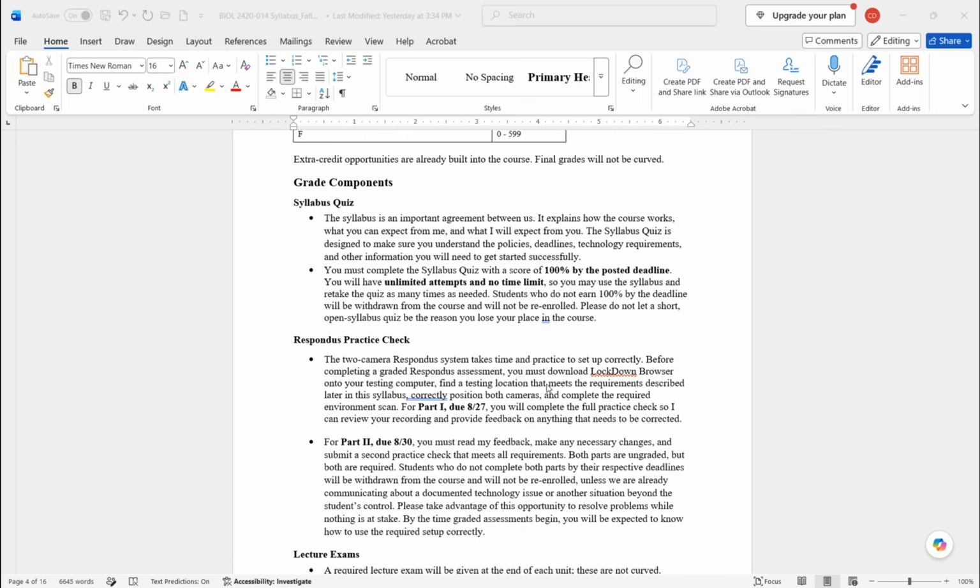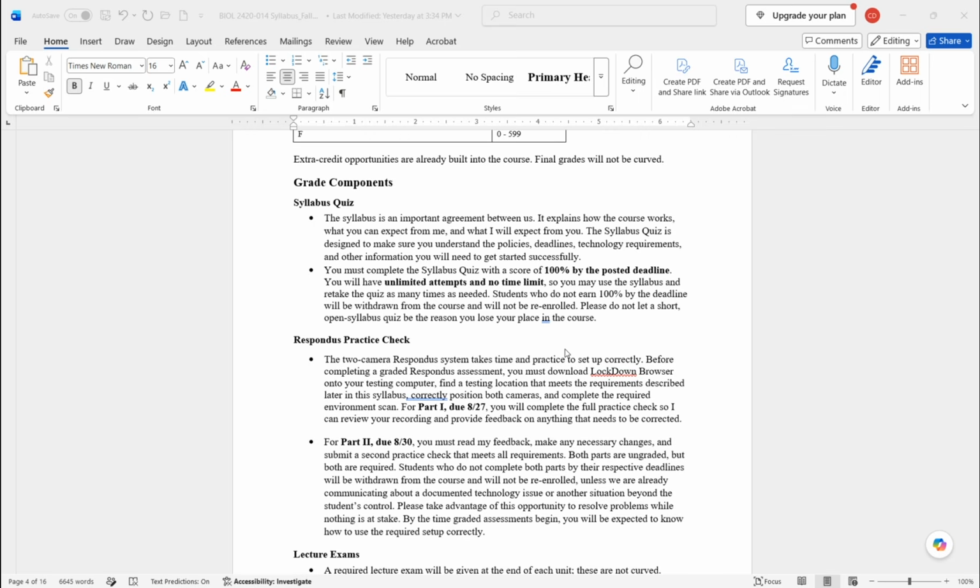The other required but non-graded component is the Respondus practice check. All submitted graded assignments are going to be used with the Respondus 2 camera setup. That's going to be the Respondus Lockdown Browser plus the Monitor portion, which is just your webcam, plus screen sharing, but it's all using the 2 camera setup.